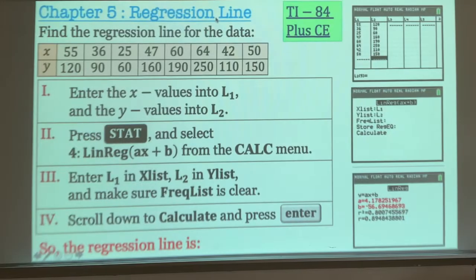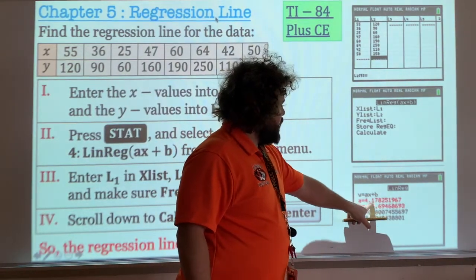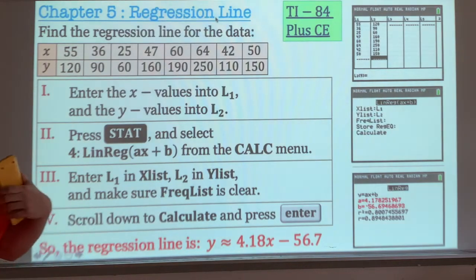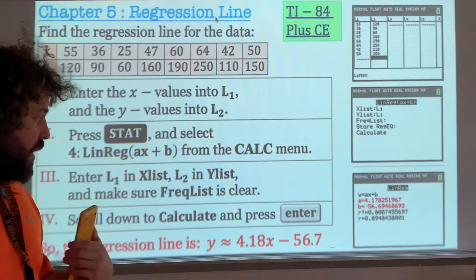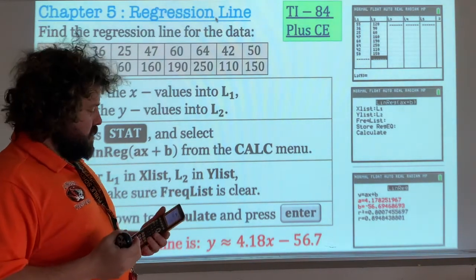All right, and I'm going to use them to get my regression line. The way I do that is, A is my slope, my gradient, 4.17 is my gradient, negative 56 is my y. So my regression line is, I'm going to round up, y equals 4.18x minus 56.7. Notice I'm going to 3 significant figures.